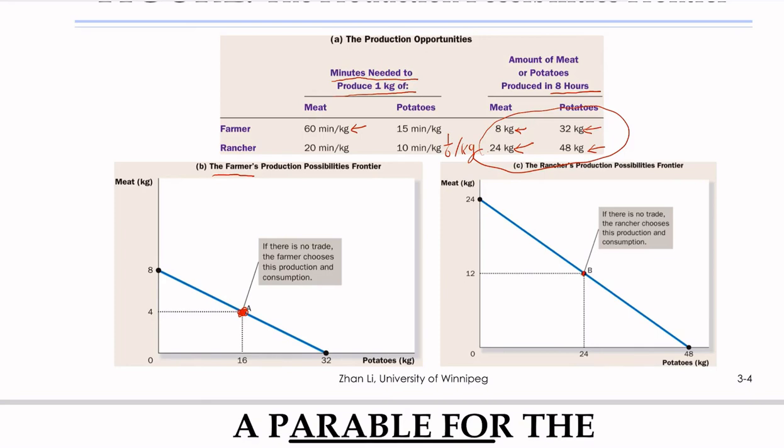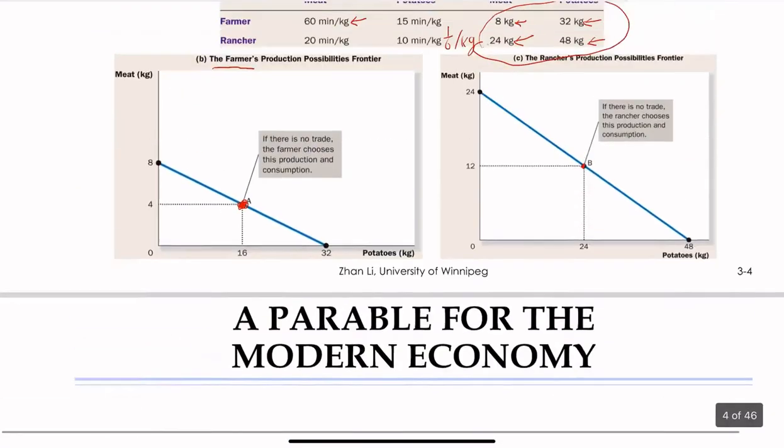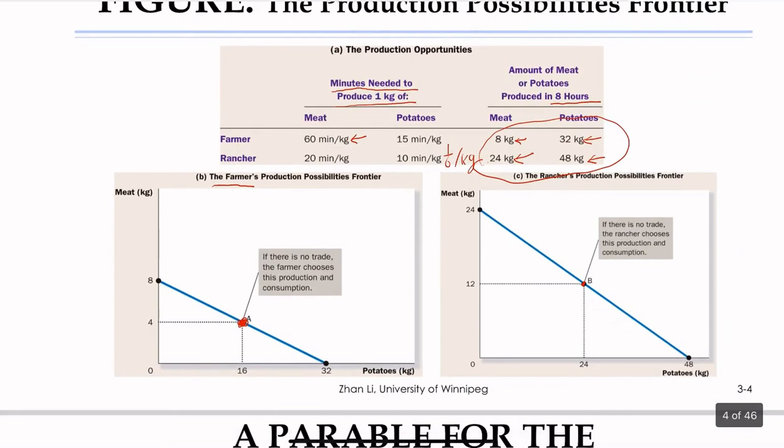If we assume these two people equally divide their time in production, then the farmer will produce 4 kilograms of meat and 16 kilograms of potatoes, and the rancher will produce 12 kilograms of meat and 24 kilograms of potatoes. Now, let's assume the farmer and the rancher are isolated from each other, so they will not trade.